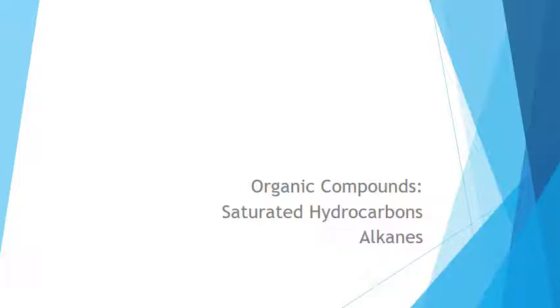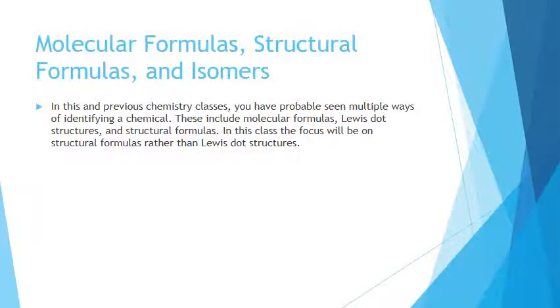Now, if you had me for Chem 110, hopefully these look very familiar to you, because there will be 10 of them, and you'll have molecular formulas, structural formulas, and isomers. If you had chemistry before, we talked about molecular formulas and structural formulas, so let's just move on. We're not going to deal with the dot structures.